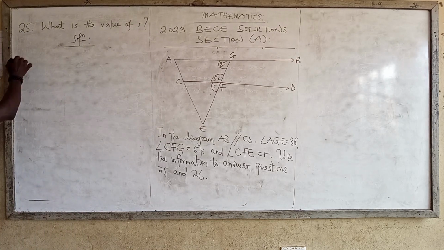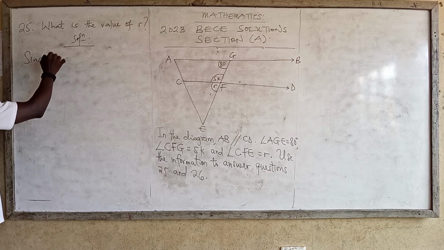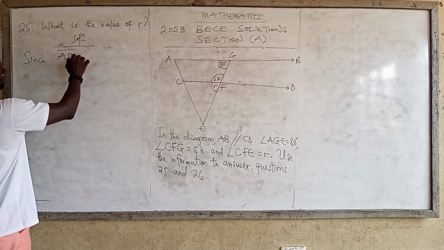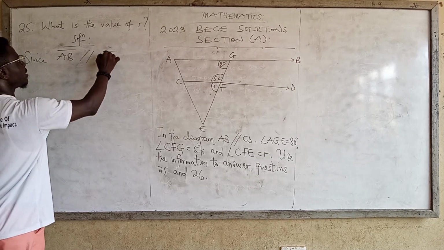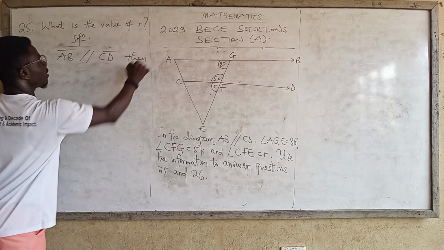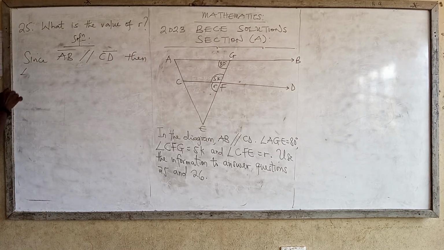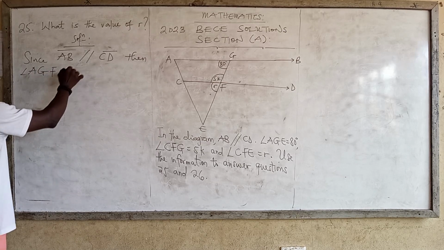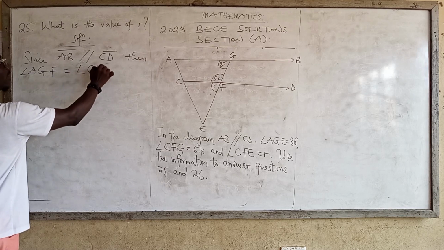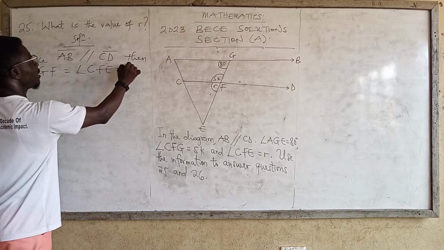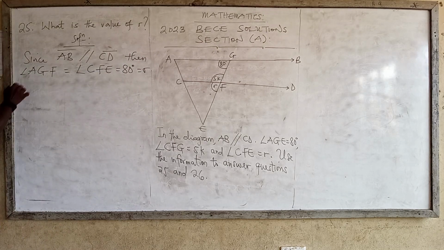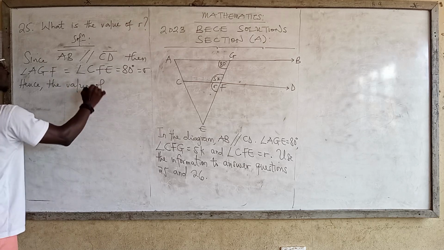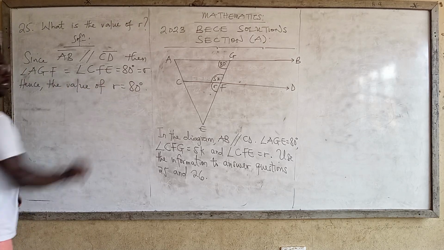So since line AB is parallel to line CD, then angle AGF is equal to angle CFE, which is equal to 80 degrees, is equal to R. So hence, the value of R equals 80 degrees.